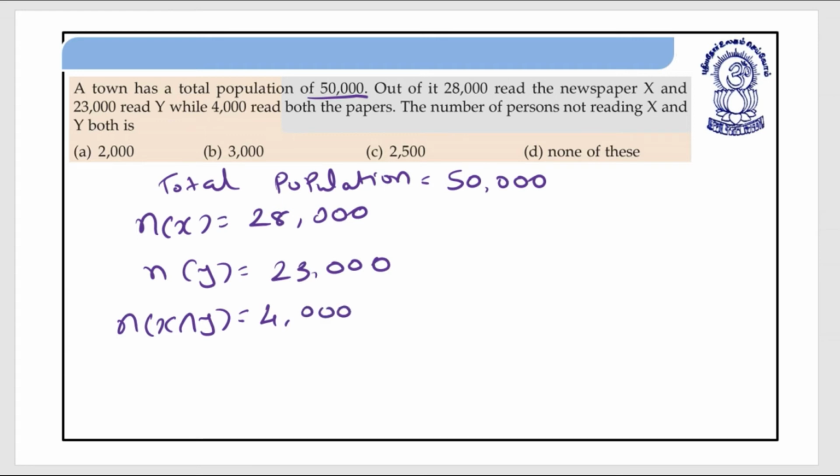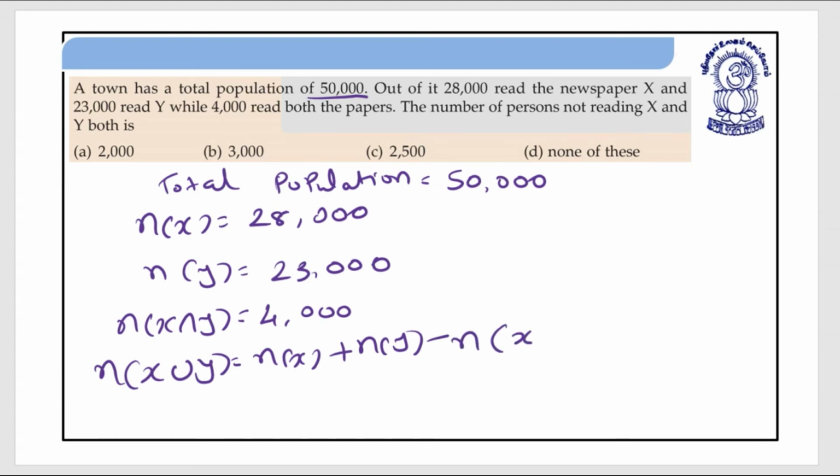So n of x union y is equal to n of x plus n of y minus n of x intersect y.